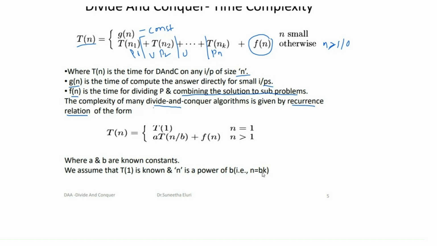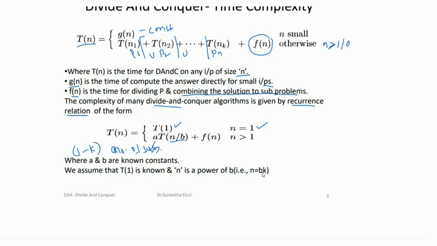So here I can generalize the divide and conquer time complexity equation. T of n is equal to T of 1, because it is a constant when n is 1. If not, I may have a number of subproblems. So a is representing the number of subproblems, because in the earlier case I have 1 to k subproblems, and each subproblem is sharing the size of the input.